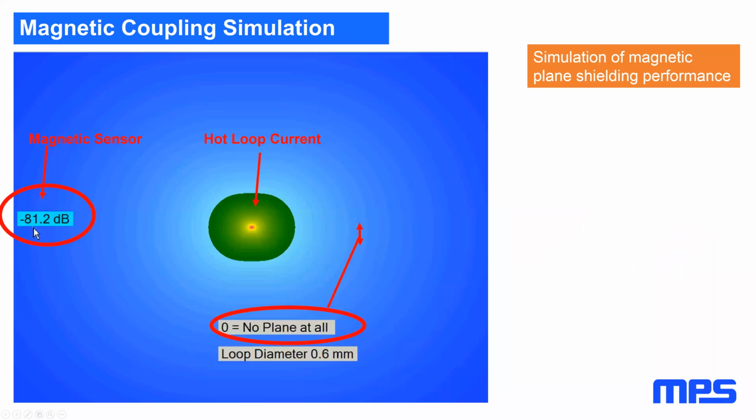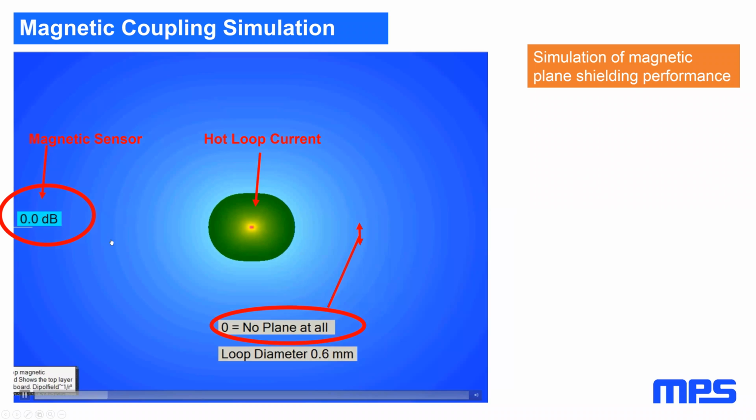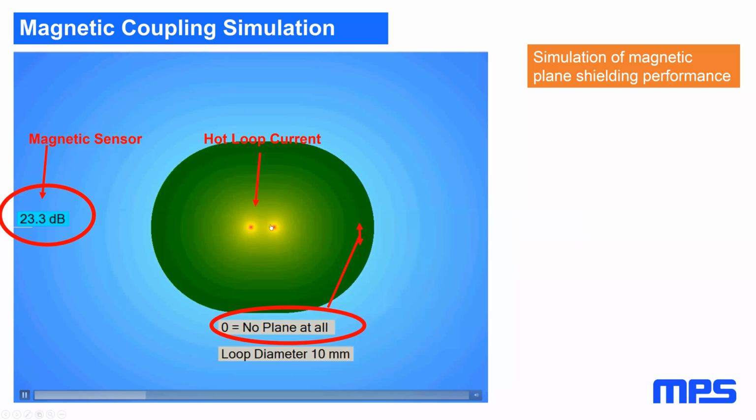Now, let's run a movie actually with the filter. So if I have the plane distance of 2 millimeter, now I get minus 46 dB. If I remove the ground plane, I check that on 0 dB with 6 millimeter. If I move the strings apart by 10 millimeter, I get plus 23 dB.